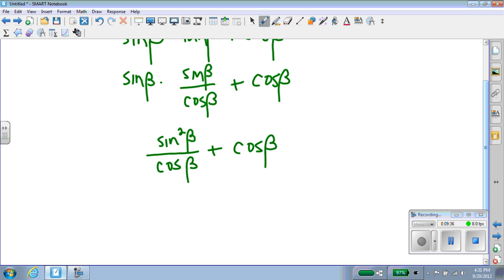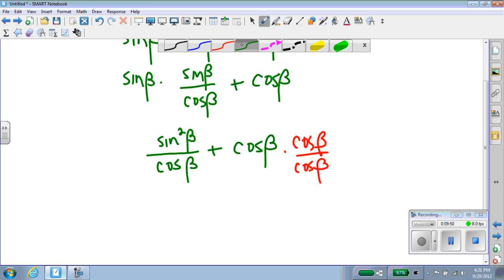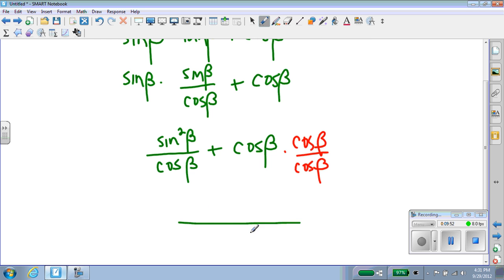So my common denominator would require that this one be multiplied by cosine beta over cosine beta, right? Okay. So then I've got my denominator, which is cosine beta, and my numerator now says sine squared beta plus cosine squared beta.